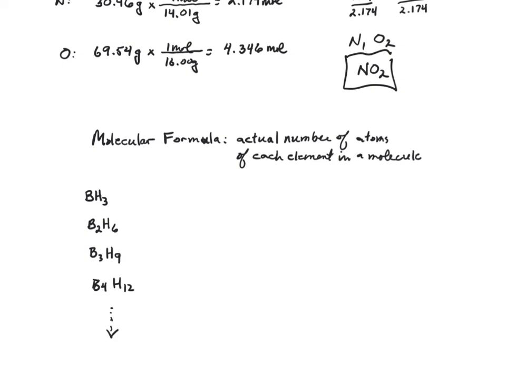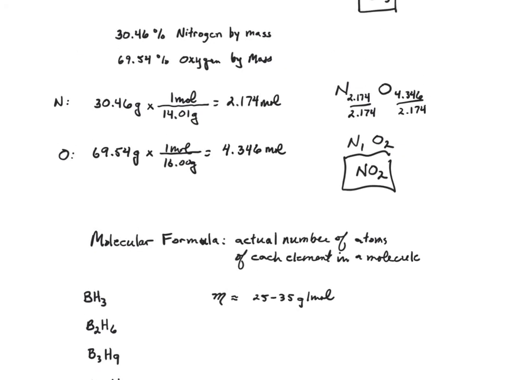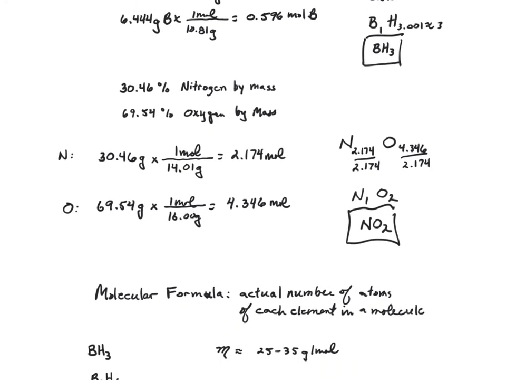So for example, let's say that the compound we were looking at before was found to have a molar mass somewhere in the region of maybe 25 to 35 grams per mole. Well, we can actually figure from that information what the molecular formula must have been. Okay, so if you think about it, we have BH3, and we said that boron had a molar mass of 10.81.